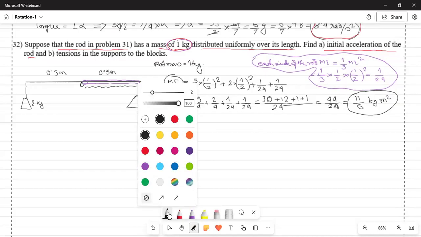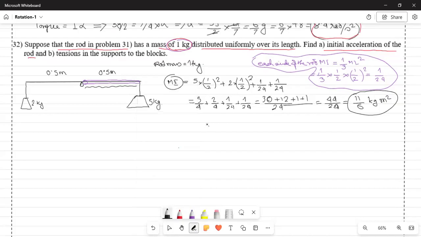Therefore, now once again, if alpha is the initial acceleration, then torque, which was 3g by 2, is equal to moment of inertia 11 by 6 into alpha.